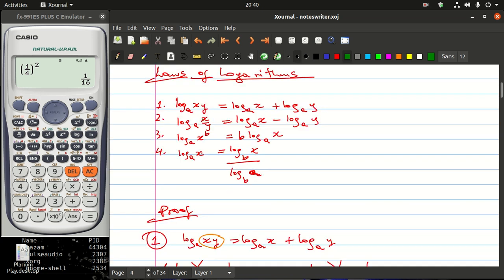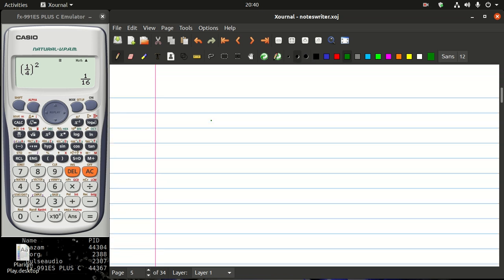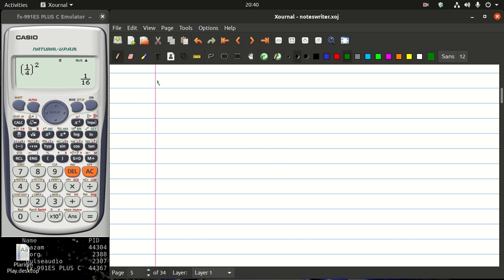Now let's try number 2. Number 2 wants us to prove this same thing, so we're going to prove it using the same rule. This is Roman numeral 2, or number 2. Again, what we do is say let capital X be equal to log_a x and capital Y be the same as log_a y.